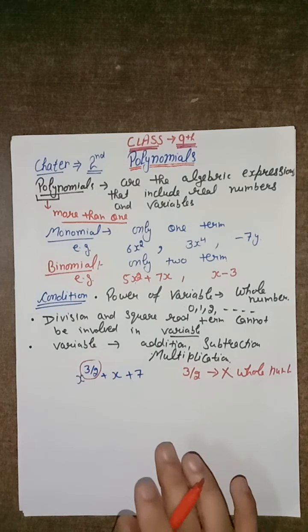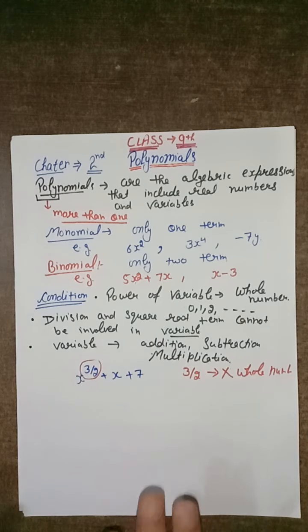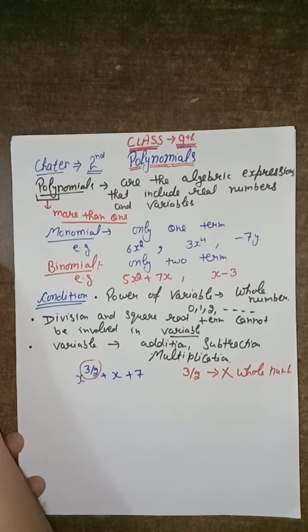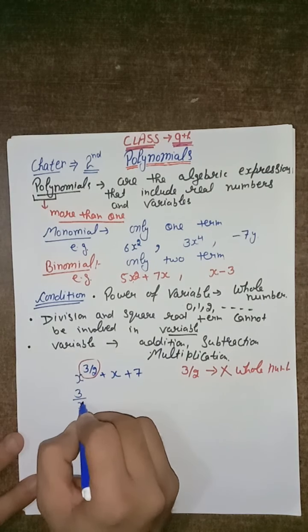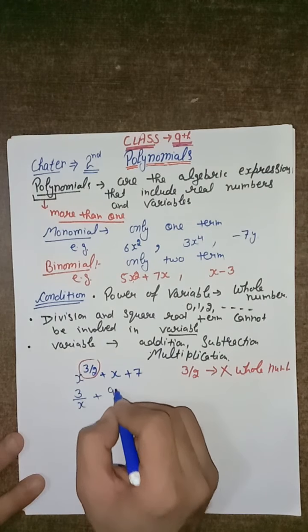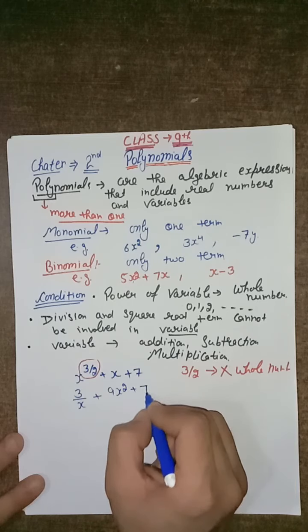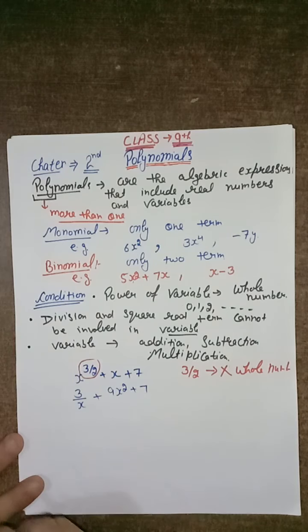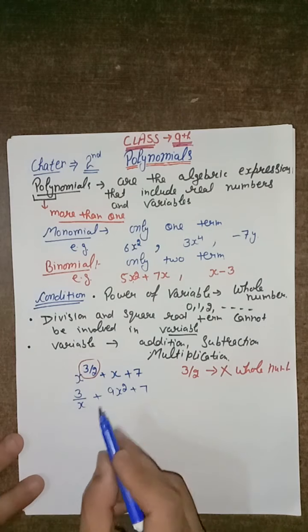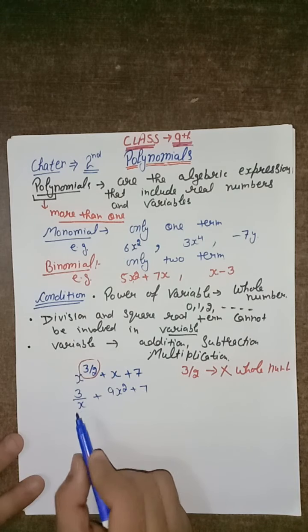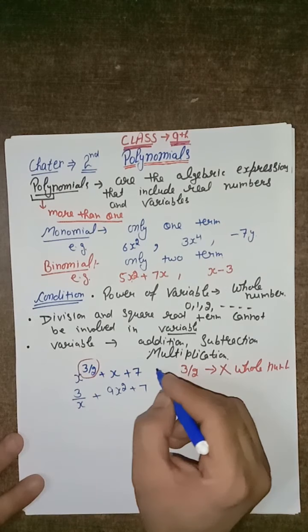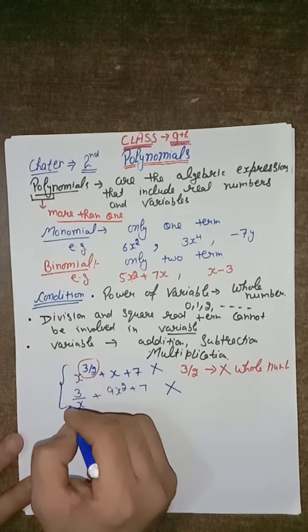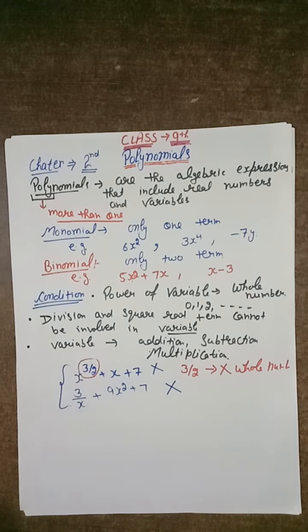And if I write 3 divided by x plus 9x² plus 7, this is also not a polynomial, because here my variable is in division. Both are not polynomials.